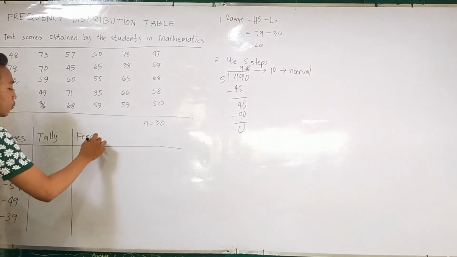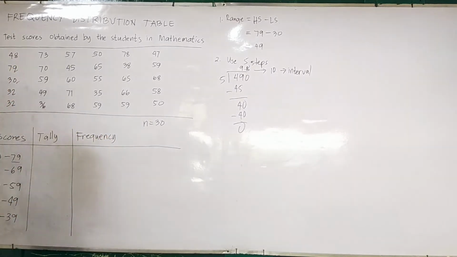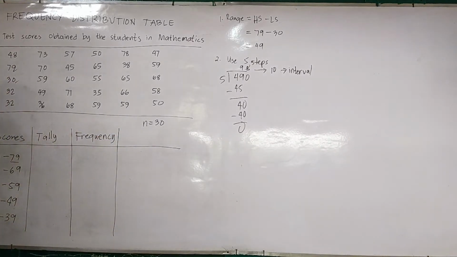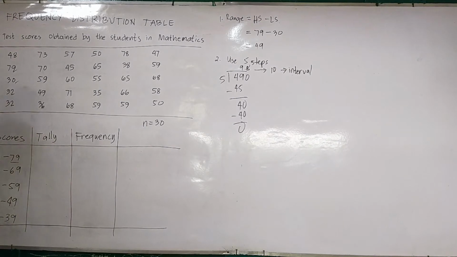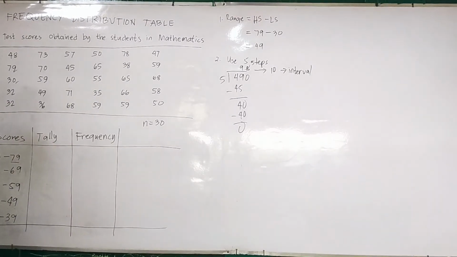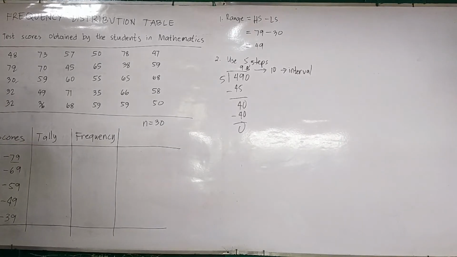That is your frequency, or the number of tallies that we have gathered. Let us now try to have our tally from the first class interval. How many scores do we have from 30 to 39 according to the data that we have gathered?